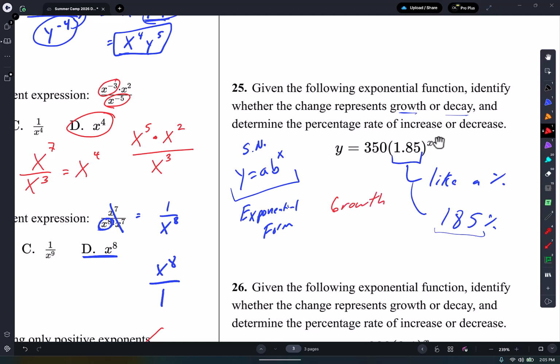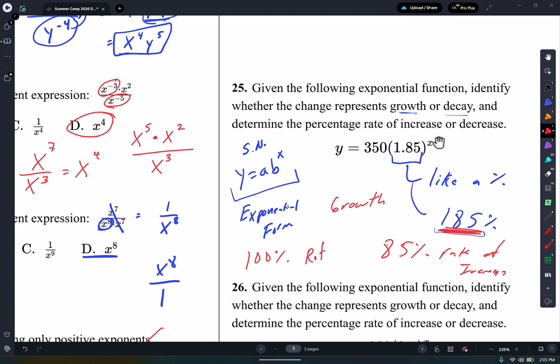Well, by what percentage did it increase? Your reference is always 100%. So how much bigger is this than 100%? 85. So it increased by 85%. 85% rate of increase. Percentage rate of increase. Does that make sense?